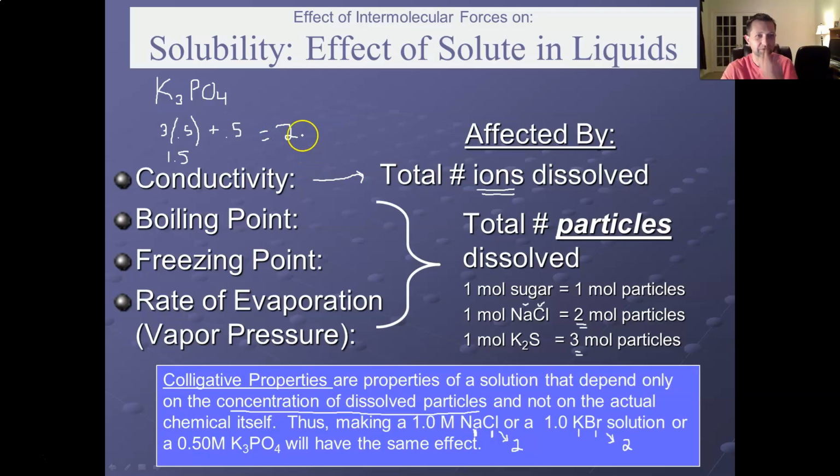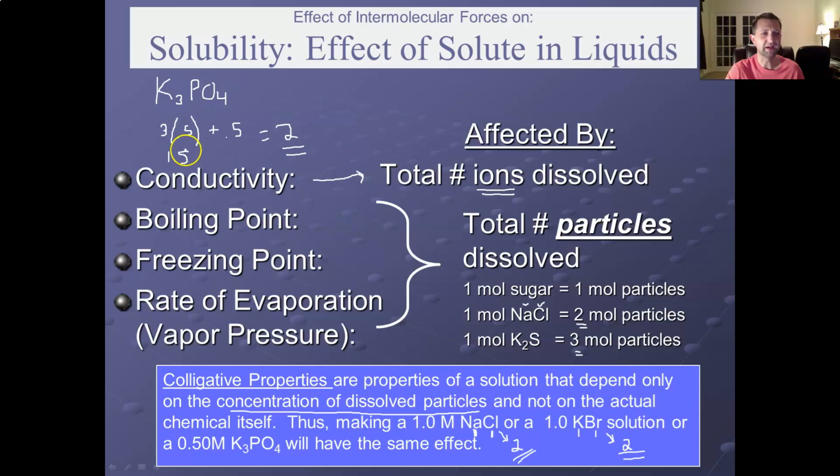So 2 moles of dissolved particles, basically. 2 moles of dissolved particles for NaCl. 2 moles of dissolved particles for KBr. All of those will have the same exact effect on all of these colligative properties, because you end up with 2 moles for all of them.